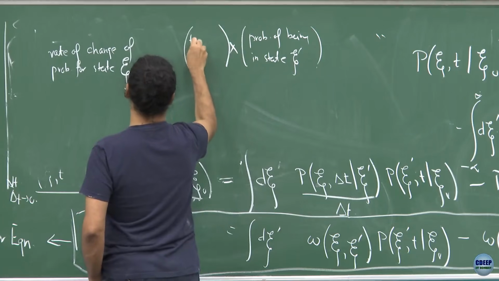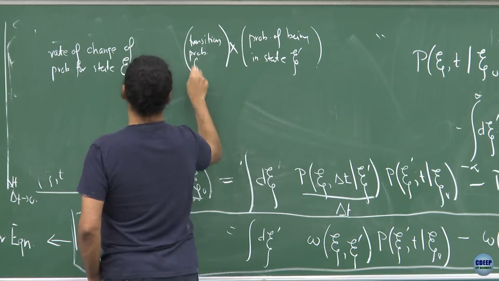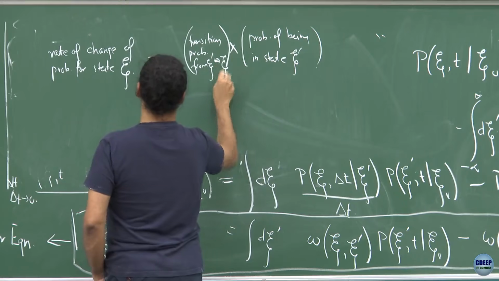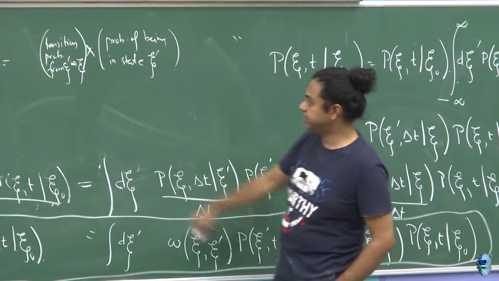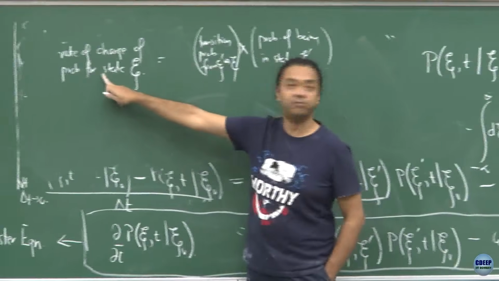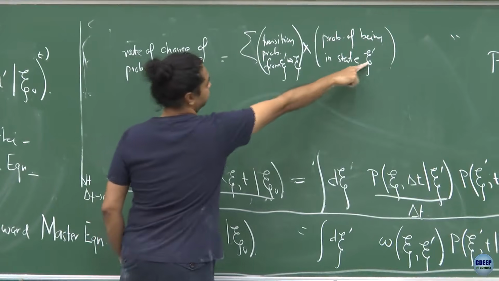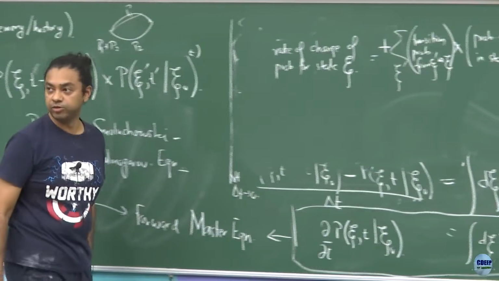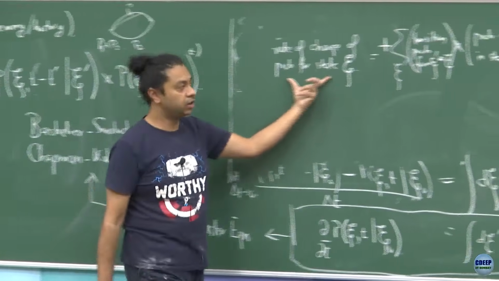So, you were in a different state xi prime, with some transition probability you make this jump to xi, and that adds to your probability of being in this state. You sum over all possible states xi prime you could have been in. These are incoming terms that make you gain probability for being in the state.